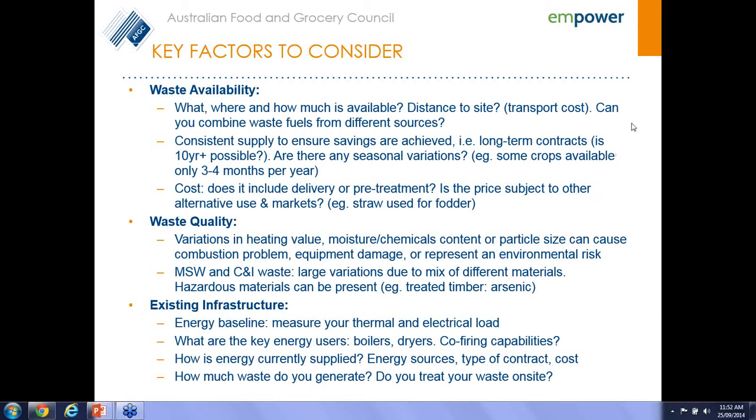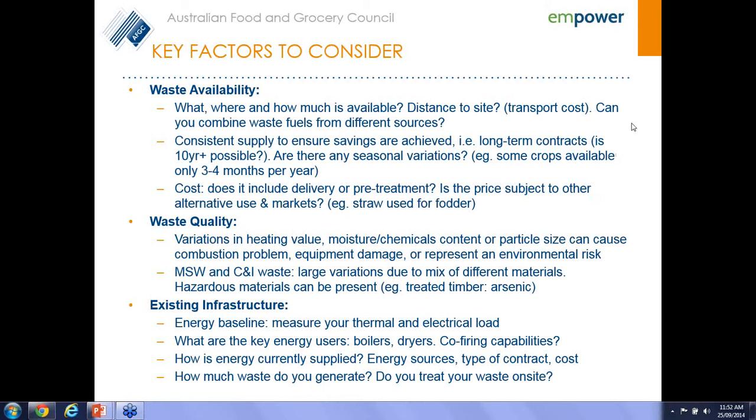As I mentioned, waste quality. It's important to keep in mind that if there are any changes in moisture or heating value, particle size, or the content of certain hazardous substances, that can create a problem in your combustion or your anaerobic digestion process, can damage equipment, or can represent an environmental risk.